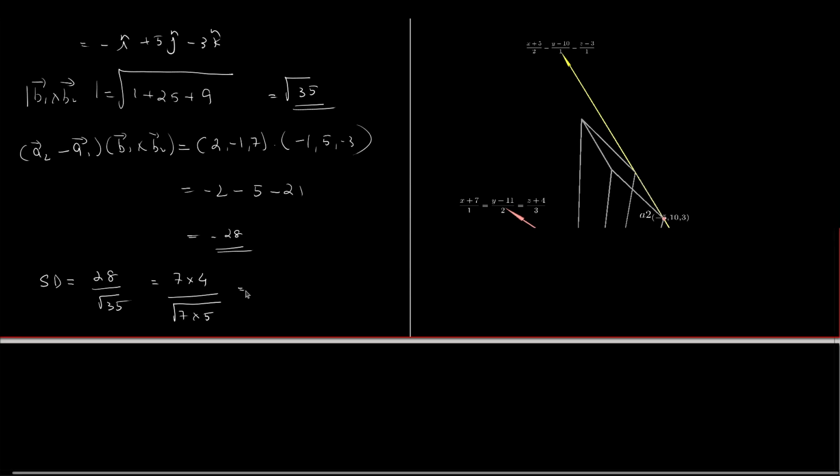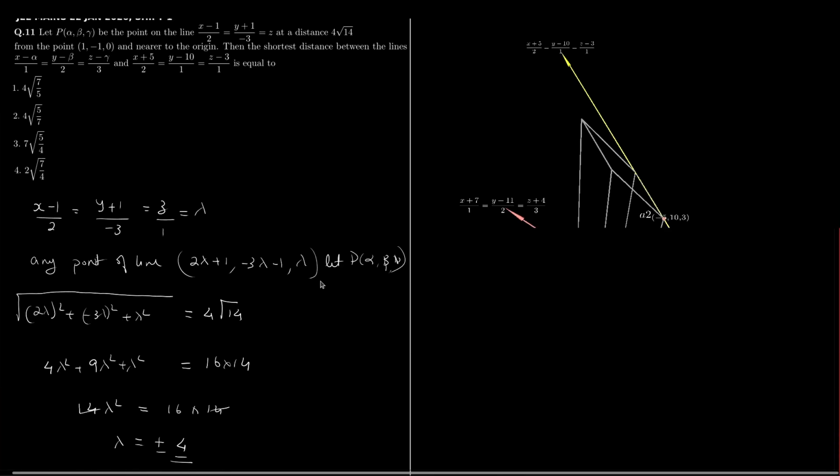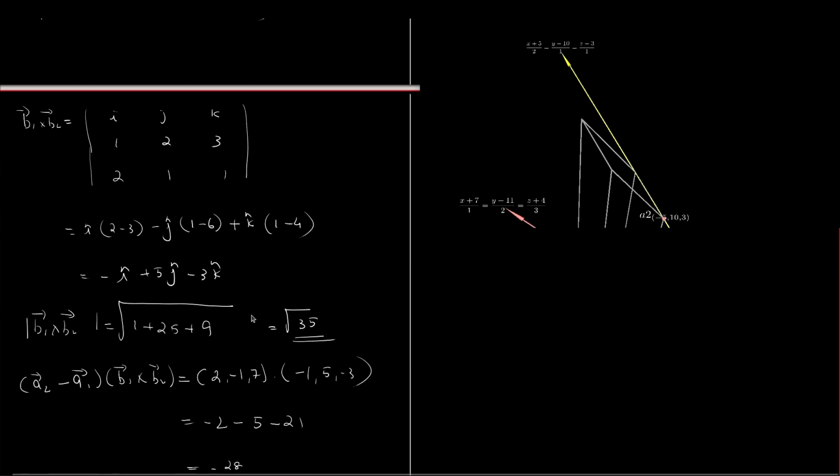Removing root 7, it will be 4 root 7 by root 5. So I think this is the answer, 4 into root of 7 by 5.